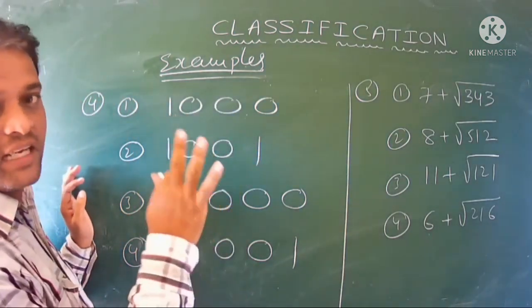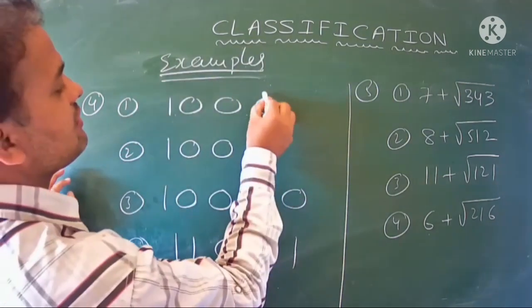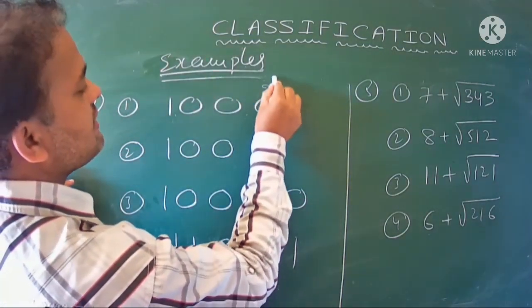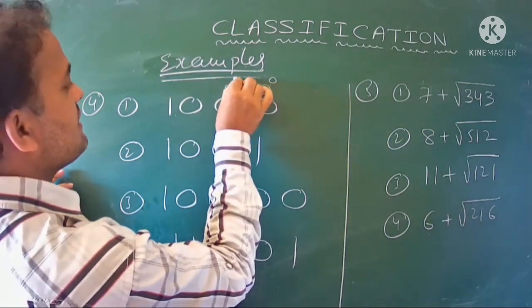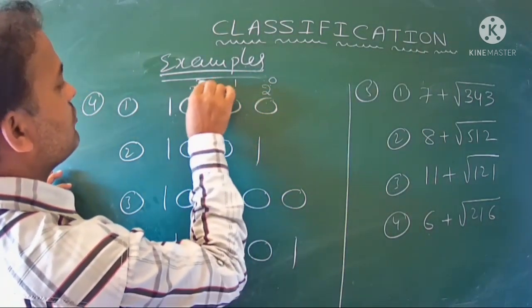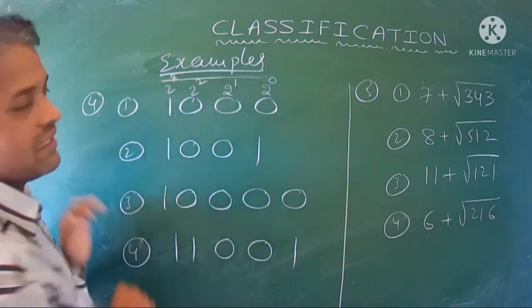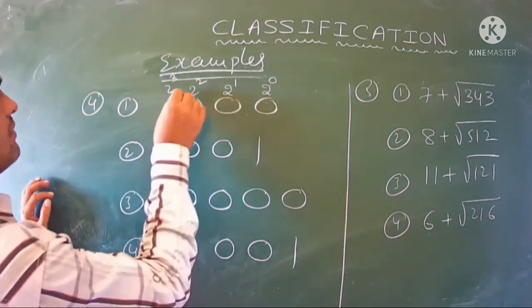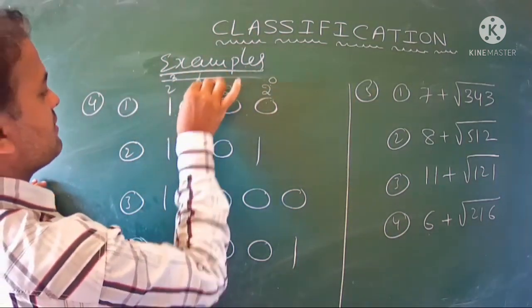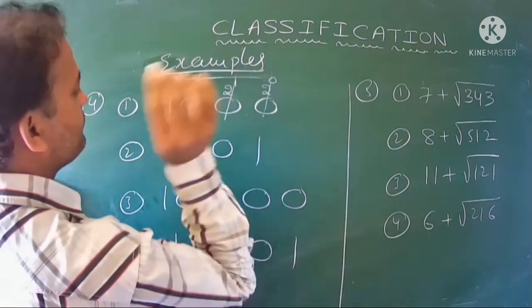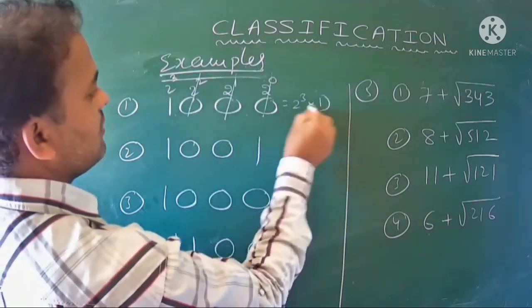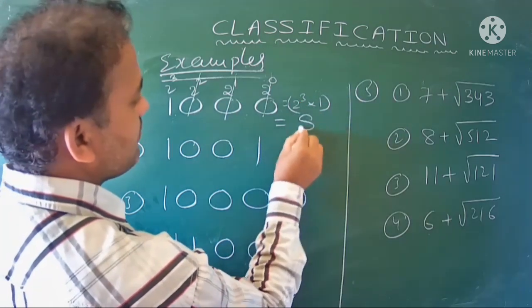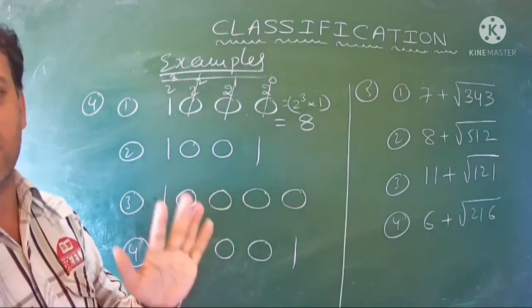Converting binary values into numerical values: the unit digit is multiplied with 2 power of 0, the tens digit is 2 power of 1, next 2 square, 2 cube multiplied by that. If it is 2 square into 0, that value will become 0. That equals your 2 cube multiplied with 1, which is nothing but 8. So the first value will become 8.